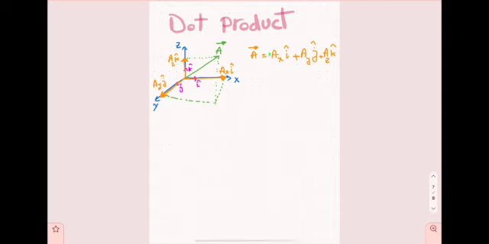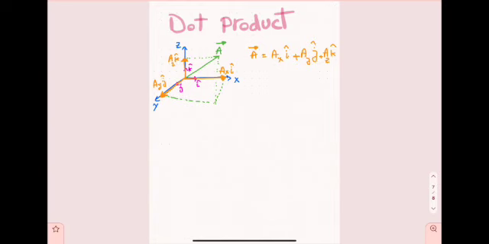Now, remember this Ax, Ay, Az are scalar values, so they are just numbers. And i hat, j hat, and k hat are the unity vectors. The summation of these three vectors gives us the original vector, right?